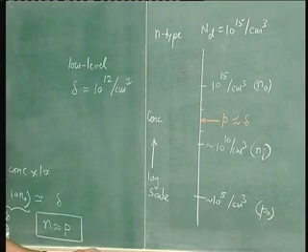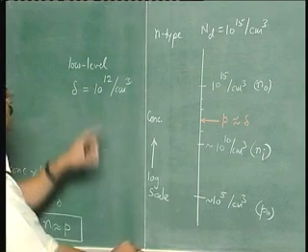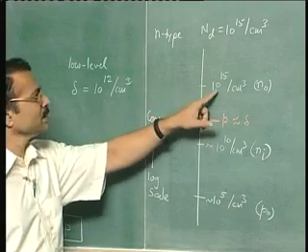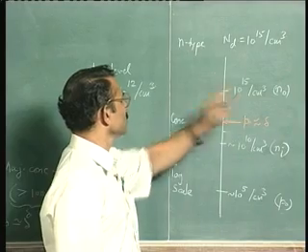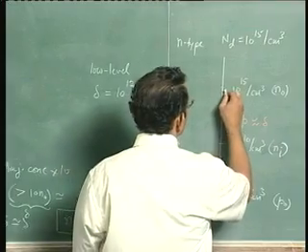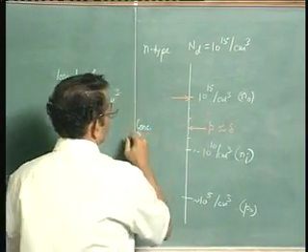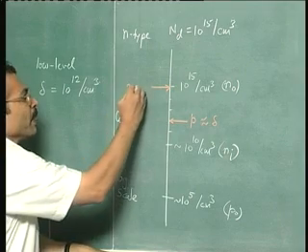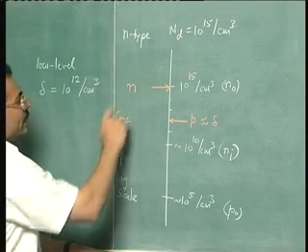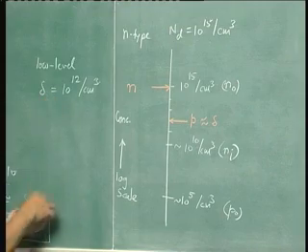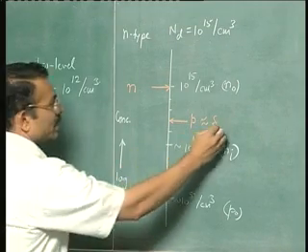Now what is your majority carrier concentration? Your majority carrier concentration is 10 power 12 plus 10 power 15, which is 10 power 15 itself. So your majority carrier concentration is the same here. This is n. Now let us call this delta 1, because this is one particular condition we are considering.